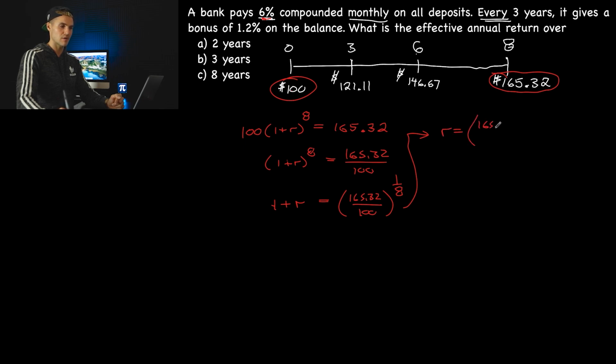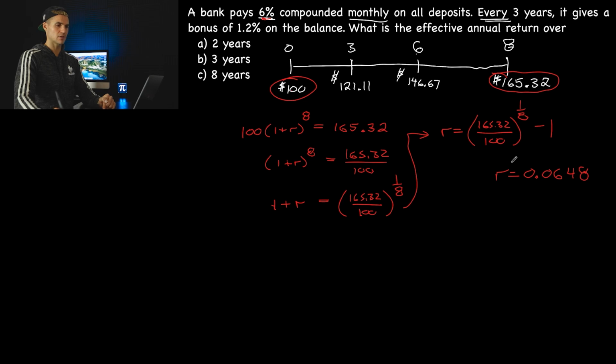So you'd have 165.32 divided by 100 to the power of 1 over 8, and then we're going to be subtracting 1. And so when you do that calculation, we end up getting this R value of 0.0648 or 6.48%, right? So that is the answer for part C.